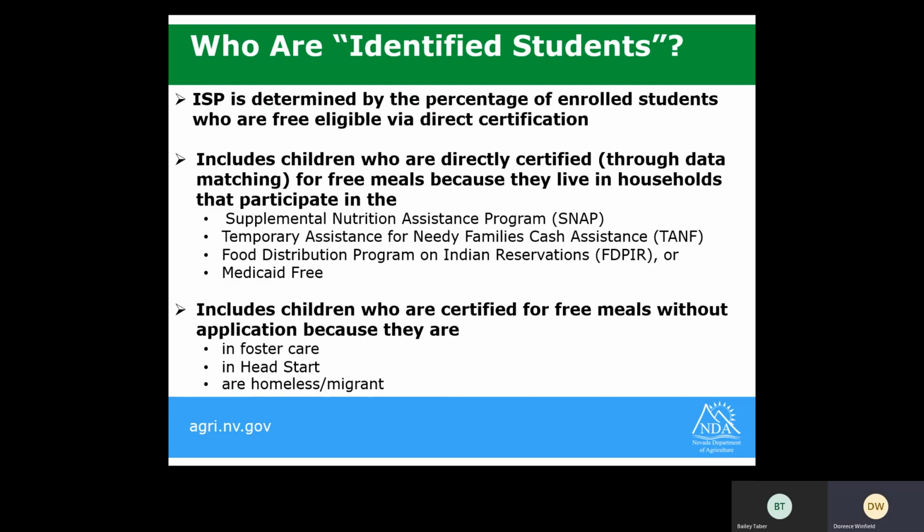So who are identified students? The ISP is determined by the percentage of enrolled students who are free eligible via direct certification. It includes children who are directly certified through data matching for free meals because they live in households that participate in the Supplemental Nutrition Assistance Program, or SNAP, the Temporary Assistance for Needy Families Cash Assistance, better known as TANF, the Food Distribution Program on Indian Reservations, better known as FDPIR, or Medicaid Free.